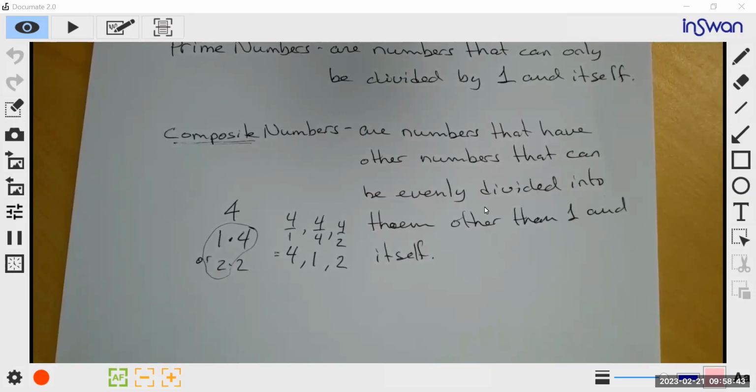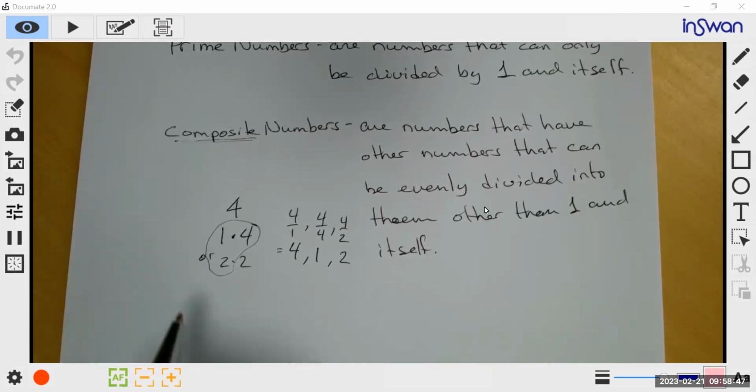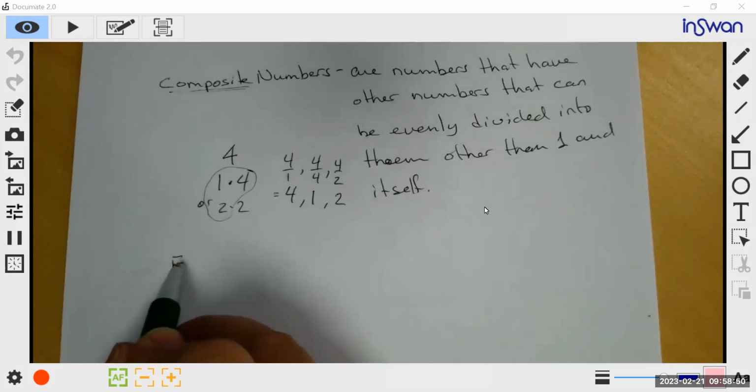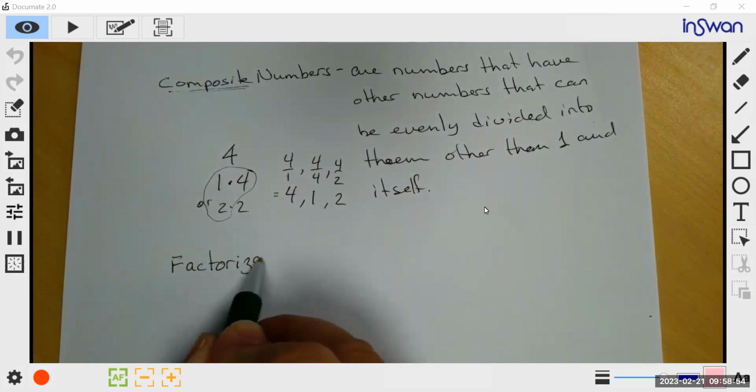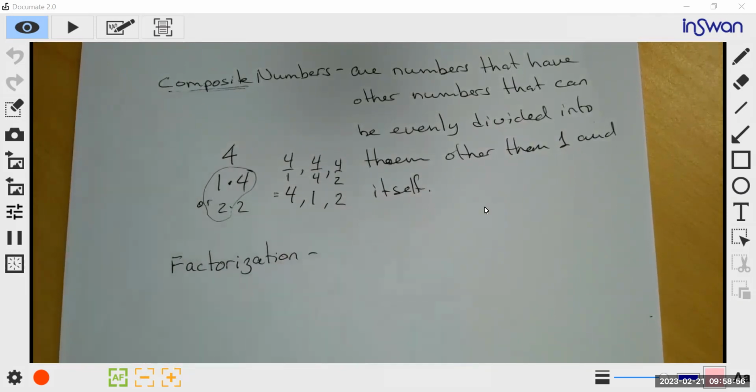What do we call the process when we break down composite numbers or prime numbers? Factorization.